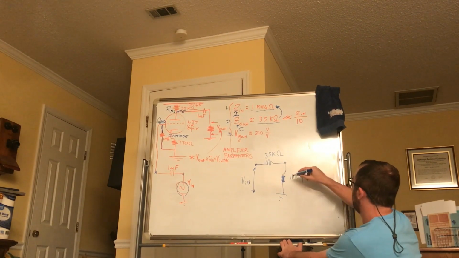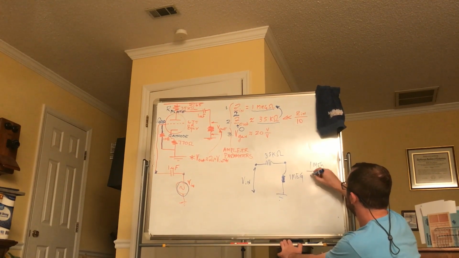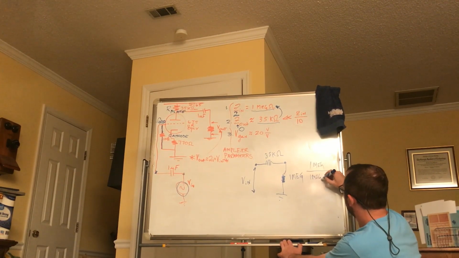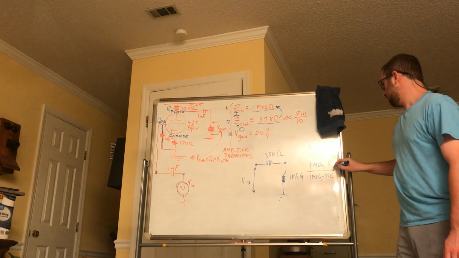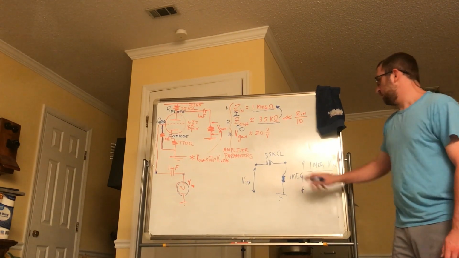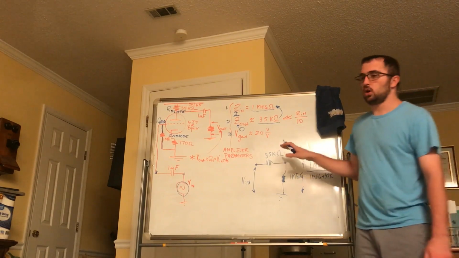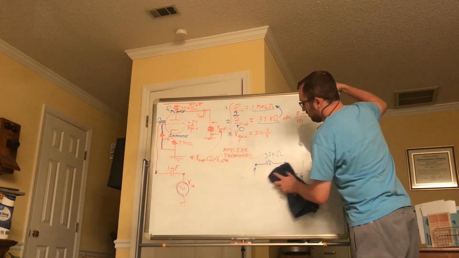Actually, the ratio that appears here would be 1 meg divided by 1 meg plus 35k, times whatever Vn is, and that is what would appear between here and there. So now you can see why you want a high input impedance. Let's go ahead and erase this.